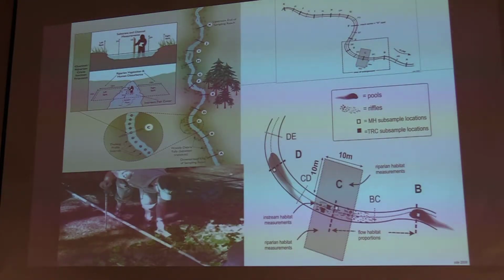For those of you not familiar with our protocols, we measure physical habitat from 11 equally spaced transects, typically from within a 150 meter sampling reach, although for larger streams, we go 250 meters. We measure riparian characteristics from a 10 by 10 meter plot on either bank. In-stream channel measurements are measured from within the channel associated with that 10 by 10 meter plot.